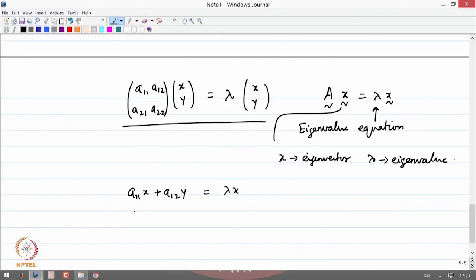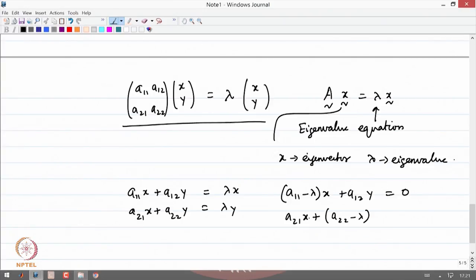So the second one is A21x plus A22y is equal to lambda y, and therefore you have A11 minus lambda times x plus A12y is equal to 0, and A21x plus A22 minus lambda times y is equal to 0. Now we are back to the homogeneous equation.